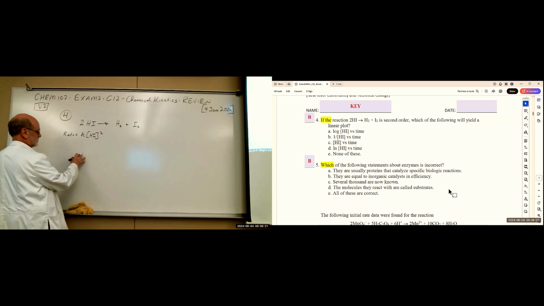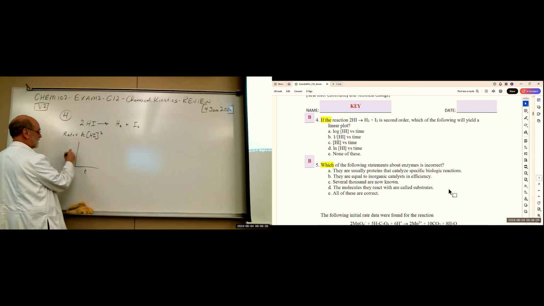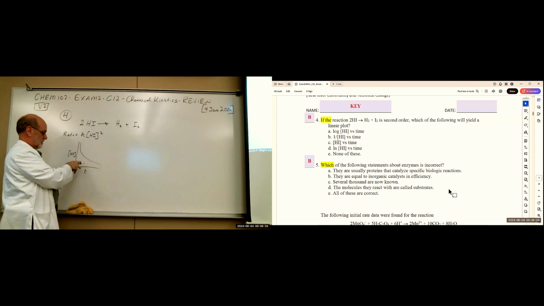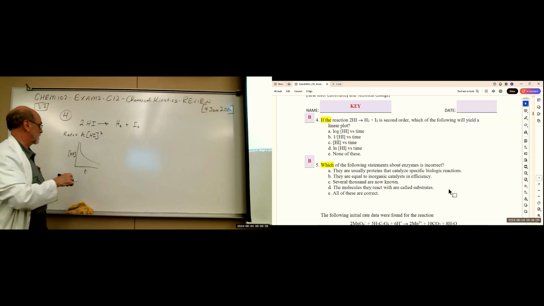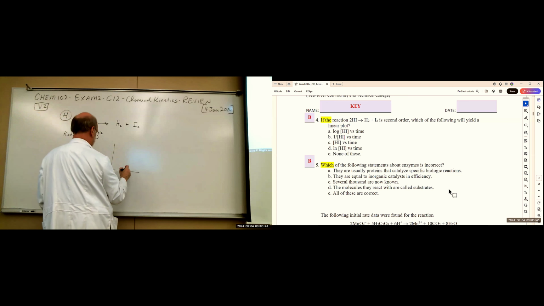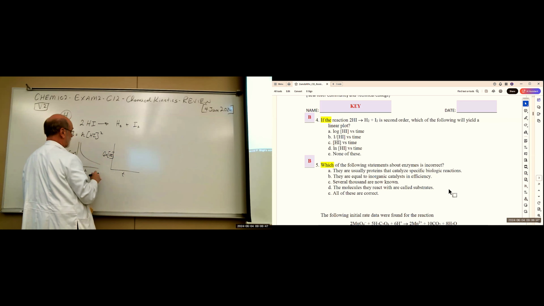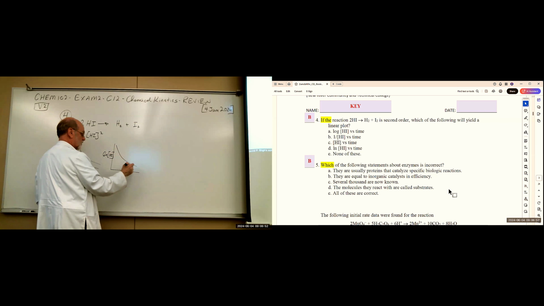If that's second order, and we plot against time, just the raw data, we're going to get a curve. It's second order, right? This is 0 order, correct? That's 0 order, right? First order is what? Natural log of HI, right? That's not first order, so we're going to get another one like that.